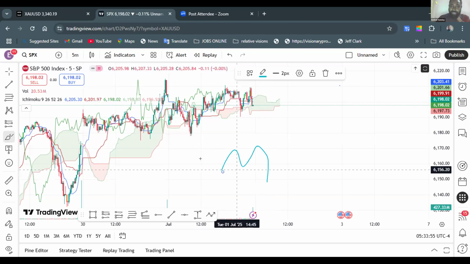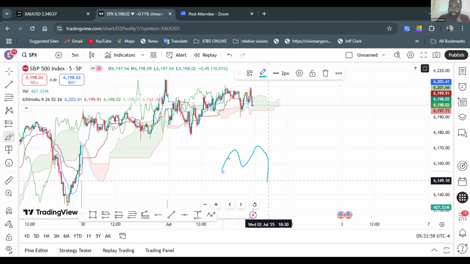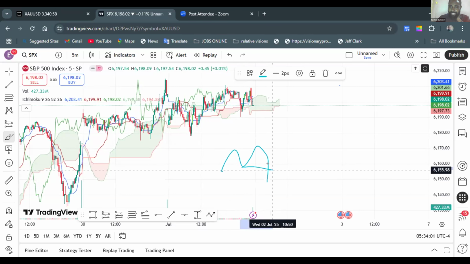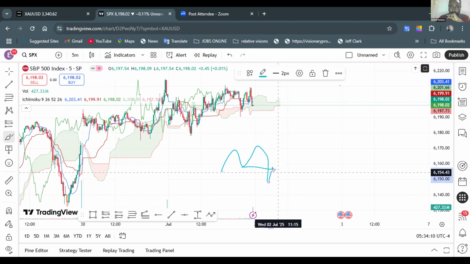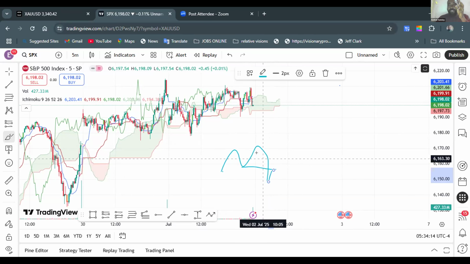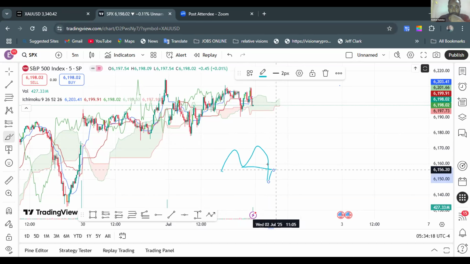Then that is to say that you're seeing an M forming on the chart with a neck point. And once that neck point is retested, then you are likely to see a sell. It's an indication of a loss in momentum, from a bullish market to a bearish market.